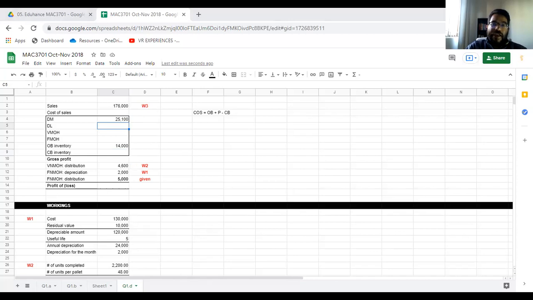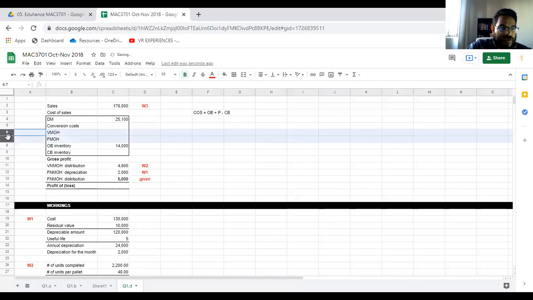Now remember, labor plus manufacturing overhead is known as conversion costs. So I'm going to just change that and call it conversion costs. Then we can delete those over here.